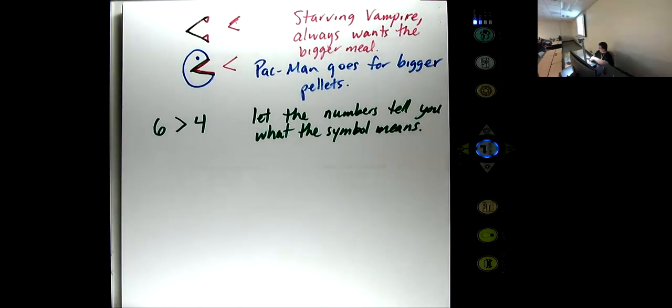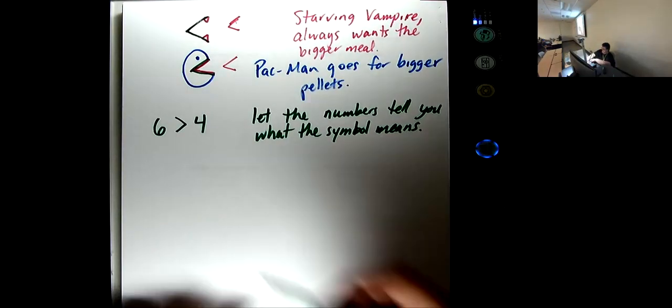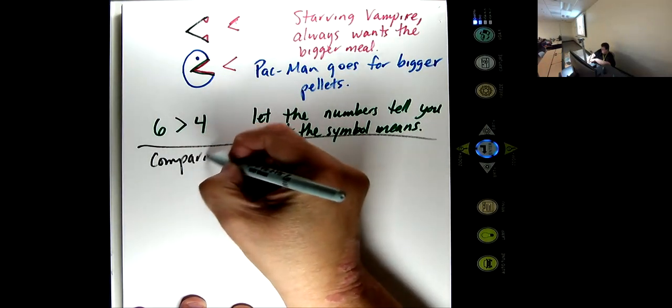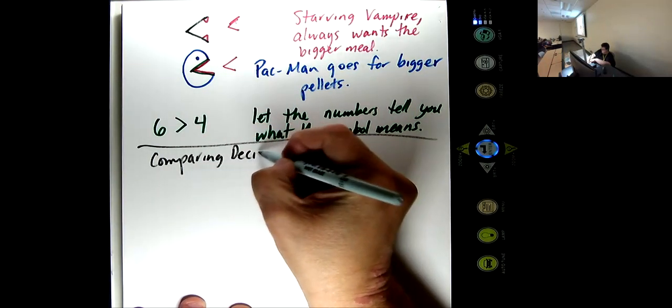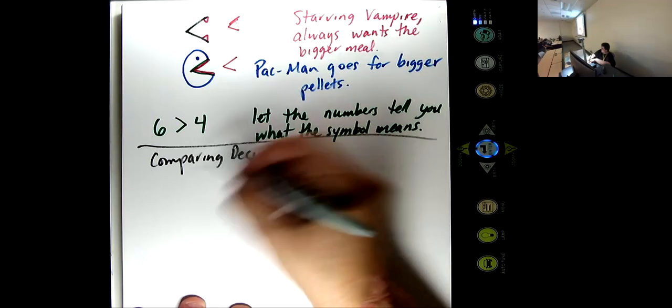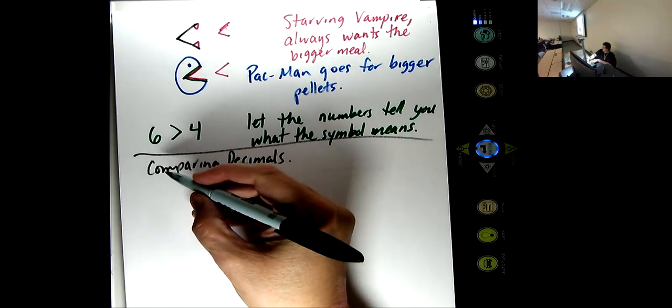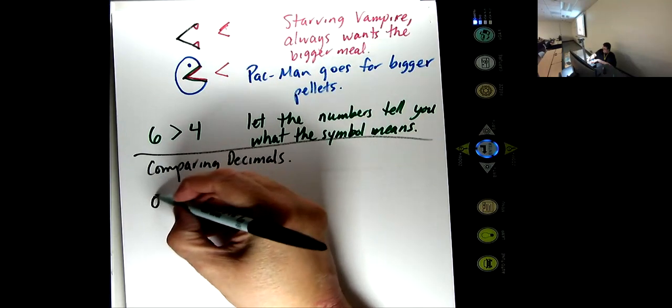How do we do it when we're comparing decimals? We do it the same way, but I'll show you two examples. Let's start with the 6 and the 4.